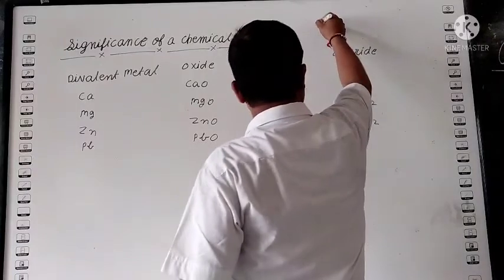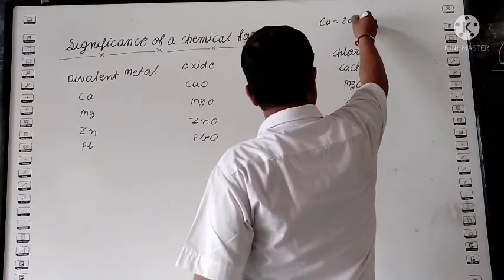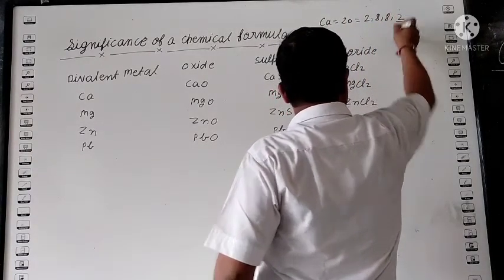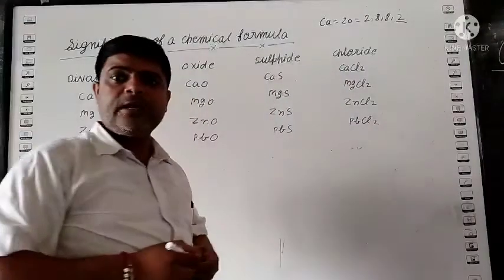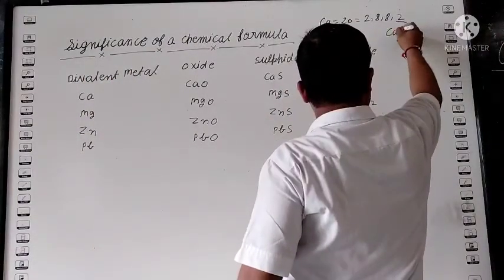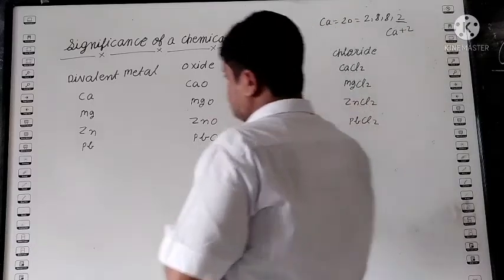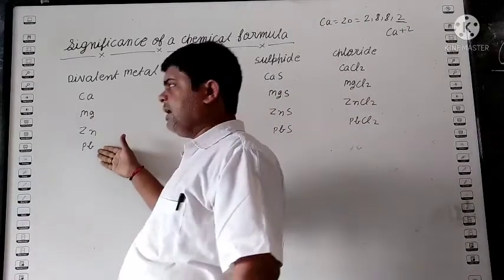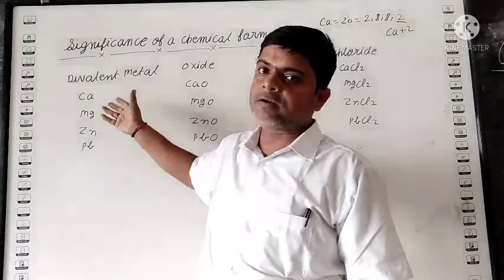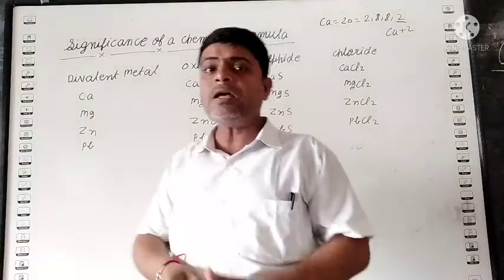Because calcium has atomic number 20, configuration 2, 8, 8, 2. Its outer shell contains 2 electrons. It loses them, and calcium has plus 2 charge. Similarly magnesium, zinc and lead, all their outer shells contain 2 electrons, lose them and contain plus 2 charge. That's why they are called divalent.